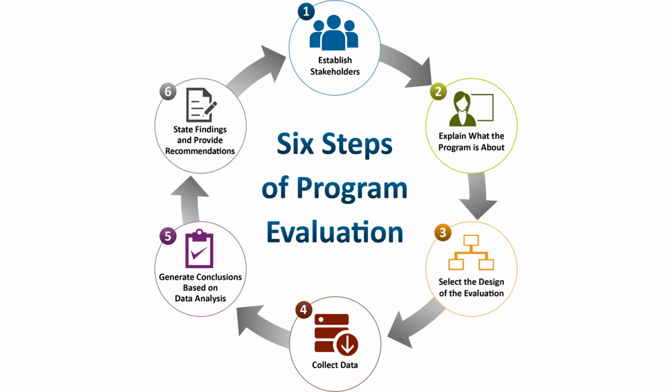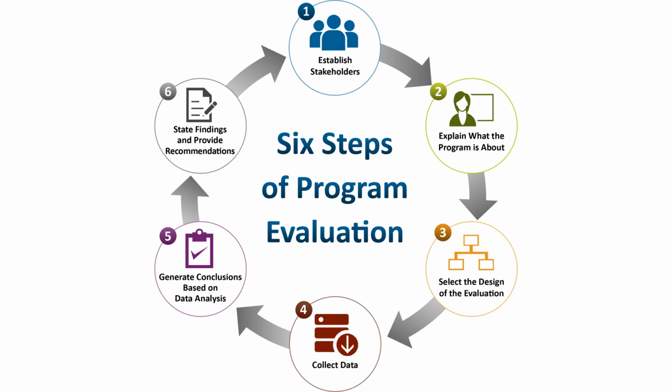Here they are. First you want to establish and engage your stakeholders. Then you want to explain what the program is about. Then you select the design of the evaluation. Then you start collecting your data after you have the design. Then after you have your data, you want to generate conclusions based off of the data analysis.